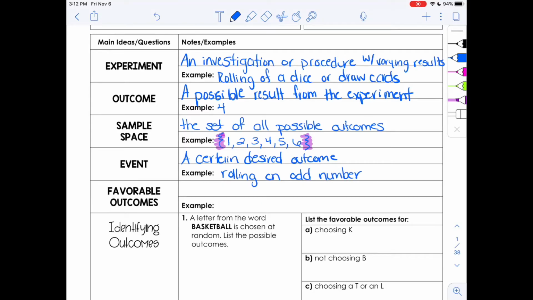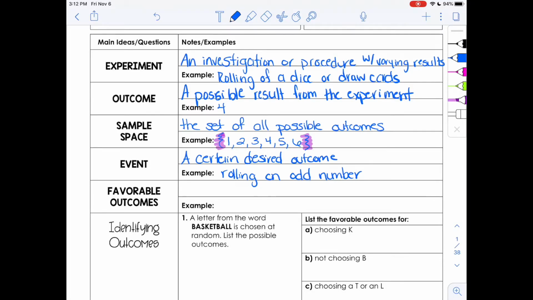So when you have an experiment of rolling a dice, it's going to land on a number. But maybe when you roll that dice, you want it to land on just an odd number. So that's going to be an event. Or maybe when you spin that spinner, you want it to land on just the number 4. That would be the event.